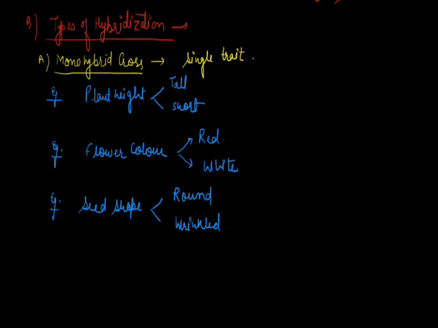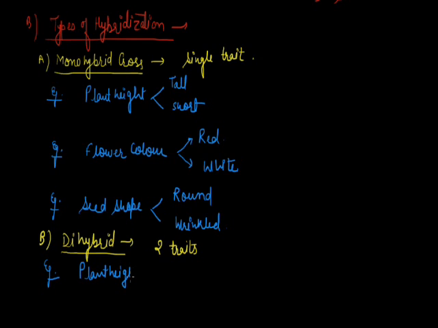The second is called dihybrid. Di means two. If you are studying two traits together, then this is called the dihybrid process. I can give an example like this: you are going to study plant height along with flower color.